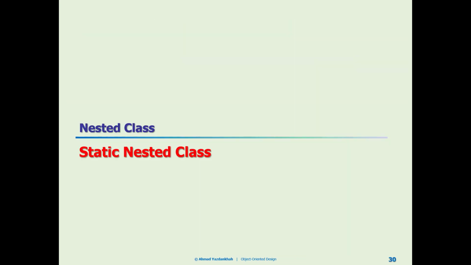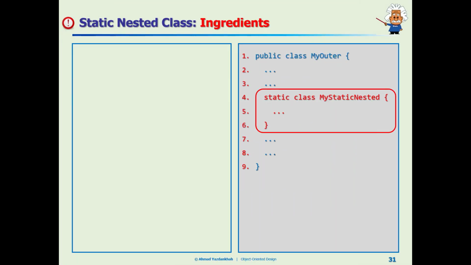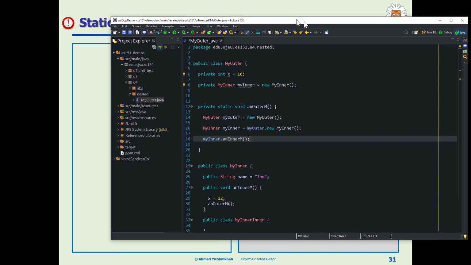What is static nested class? Okay, so a static nested class looks like the inner class, but we have a static keyword here. Of course, before that, we can have public, protected, whatever, right? So let me see here.